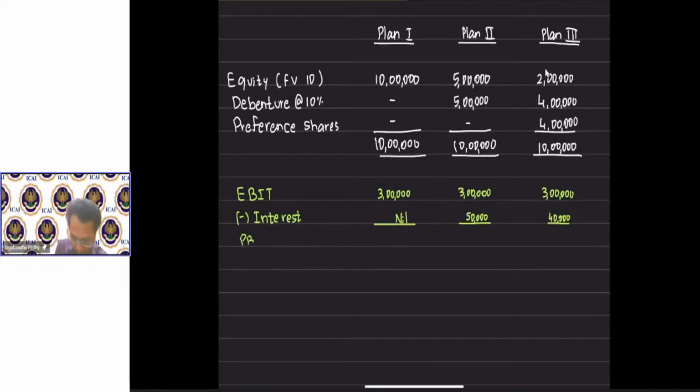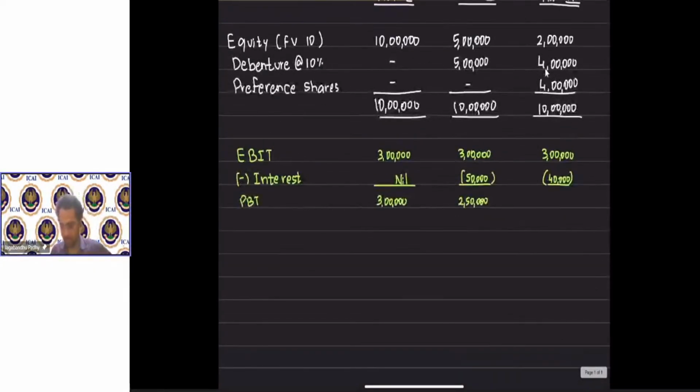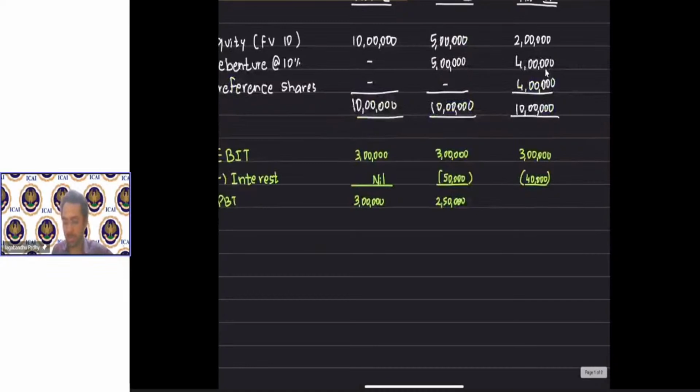And we have the profit before tax of 3 lakh. In the second plan, we'll have a profit before tax of 2 lakh 50,000. And in the third plan, we'll have a profit before tax figure of 2 lakh 60,000, right?